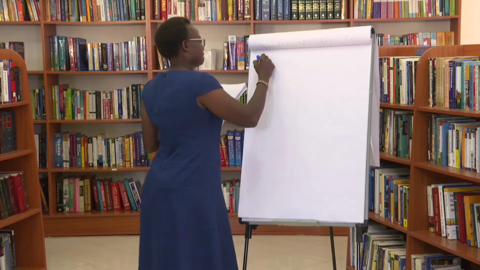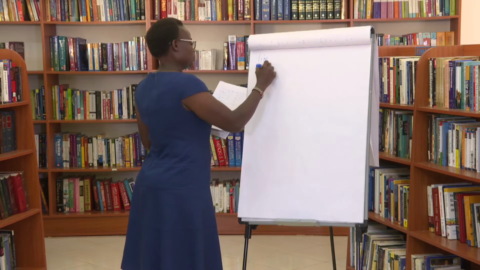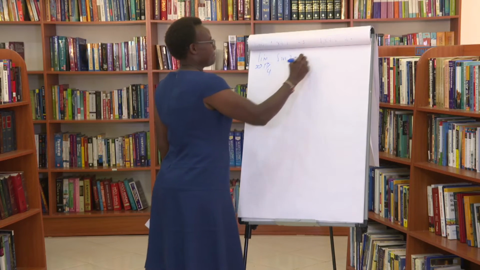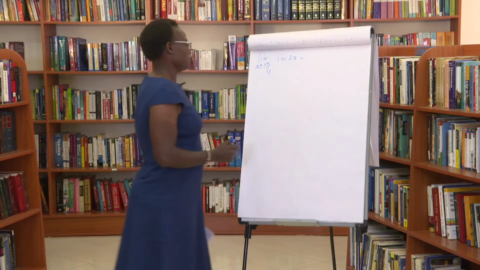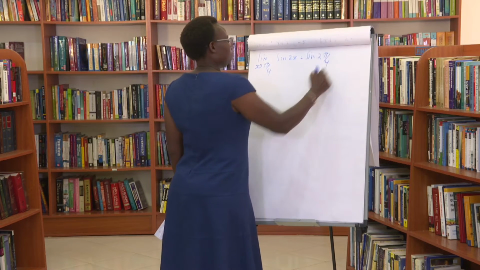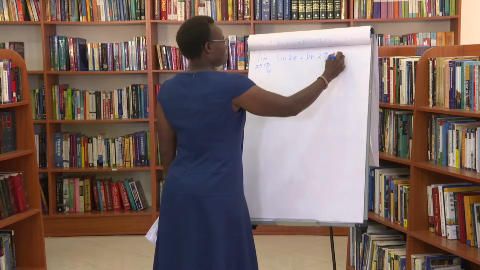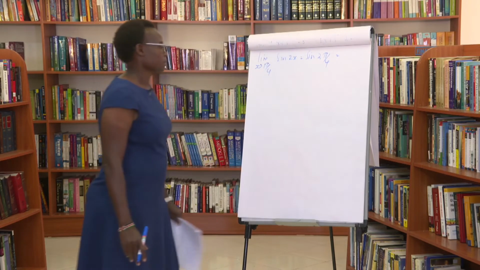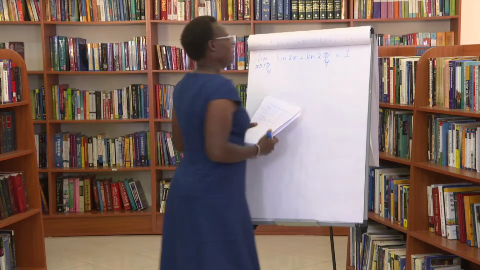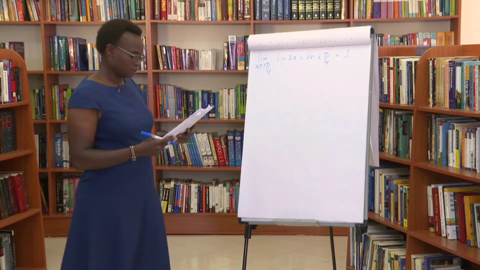The limit as x tends towards pi over 4 of sine 2x. So this will be sine of 2 pi over 4. Pi is 180, so that would imply that we are looking for sine of 90.